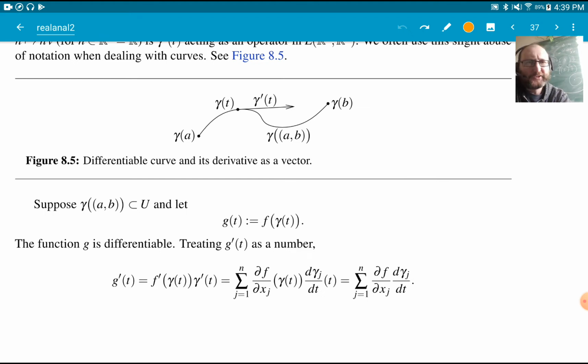Now, if we had an f and if we had a gamma, well, we could put them together, right? So if we had a function and we had a curve, we could compose these two, and we get a real valued function of one variable, right?